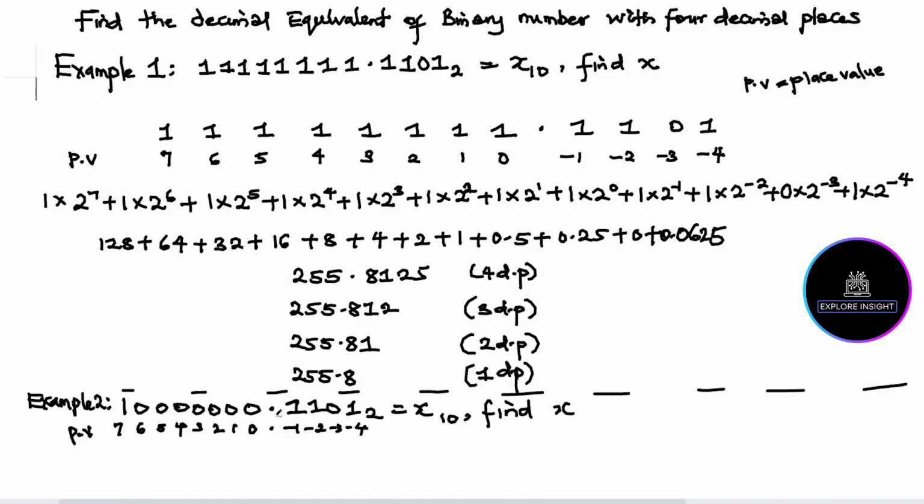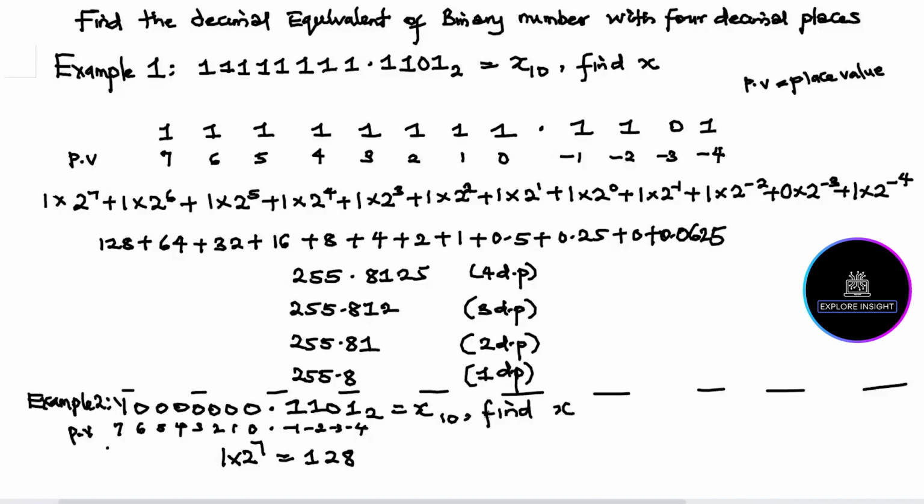Okay, so this dot is to indicate the positive and the negative values. So at this point, anything that multiplies by 0 is actually 0. So we wouldn't waste time with this calculation. So the only important one is this, and it's going to be 1 times 2 raised to the power 7, which is 128.